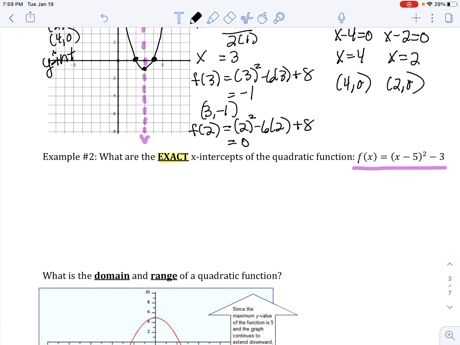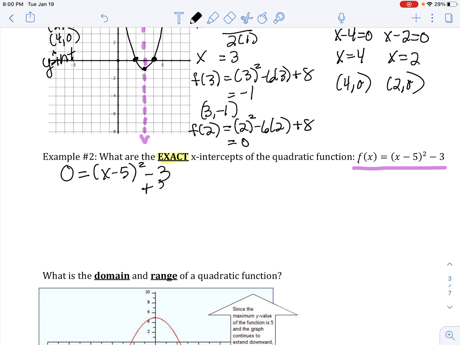To find the x-intercepts, we are going to set f of x equal to 0 and solve. This is in vertex form. We're not going to solve using the quadratic formula, and we're not going to solve by factoring. So the only other option left is to solve by square rooting.